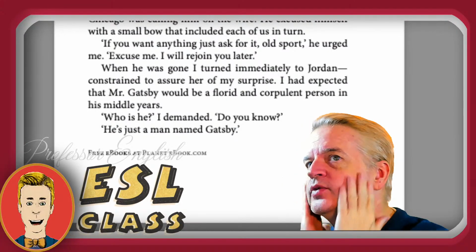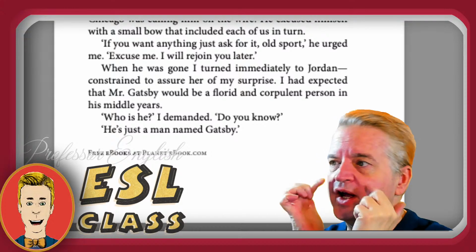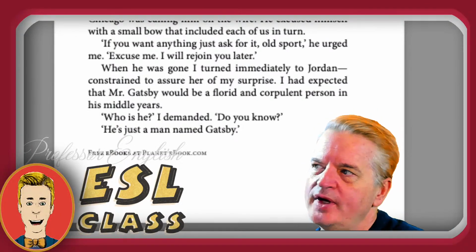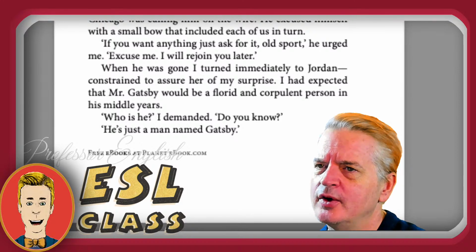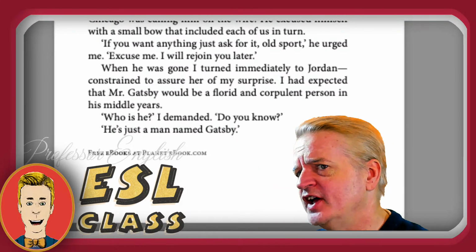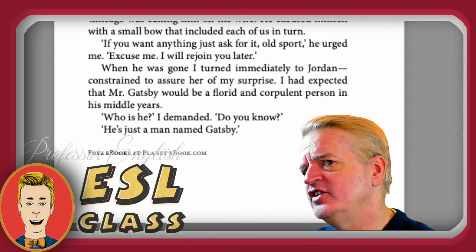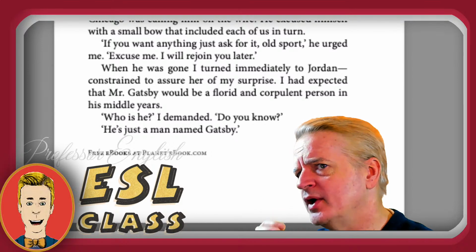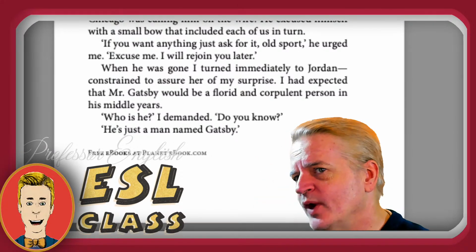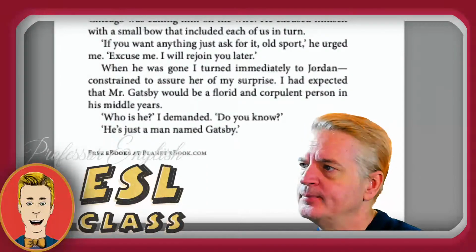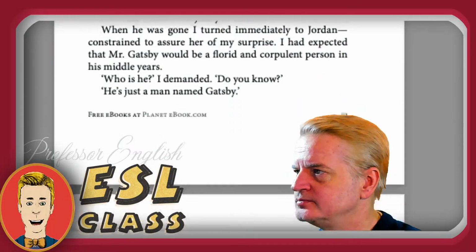Like their cheeks will turn red and their nose will turn red. So when he says, "I imagine Mr. Gatsby to be a florid and corpulent person," he would picture a very red face, because this is a very rich man, always having parties, probably always drinking. So he should have very red skin, and he should be fat.